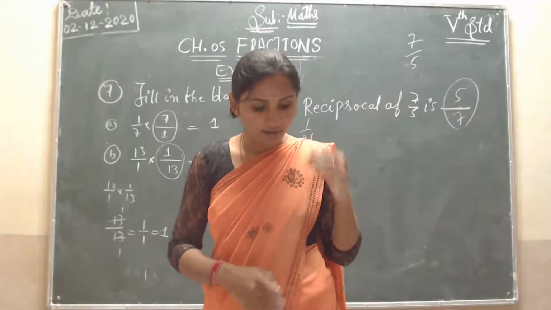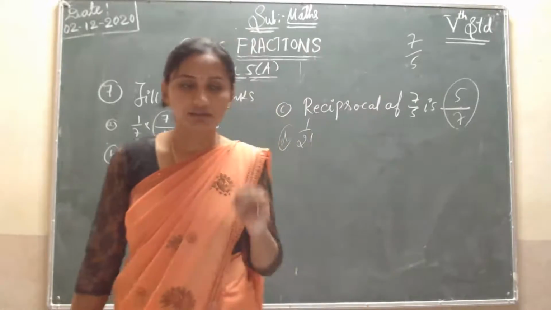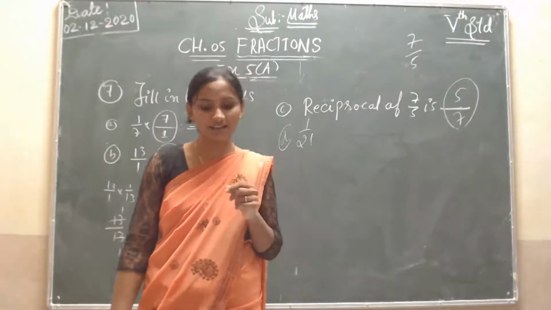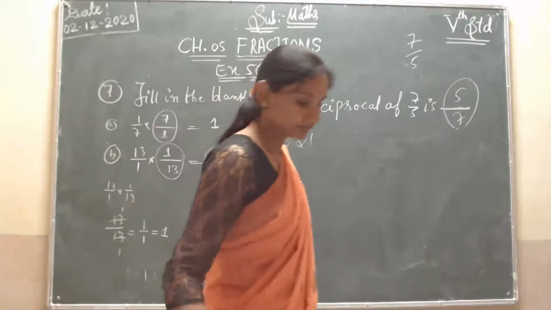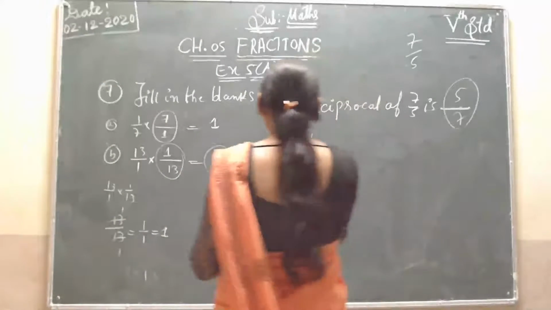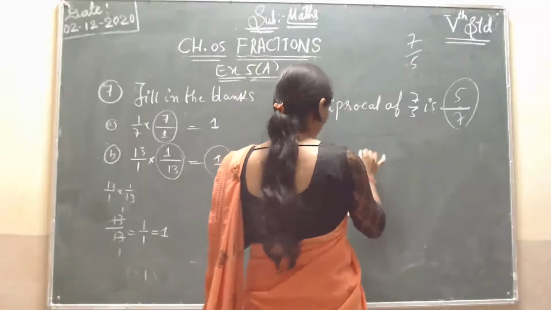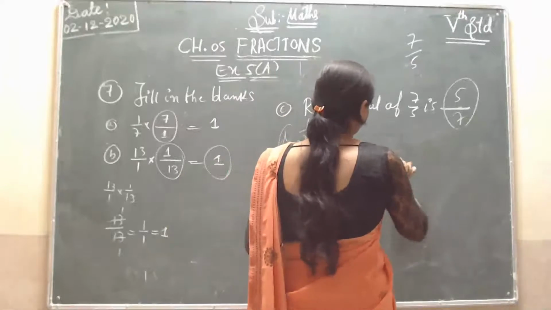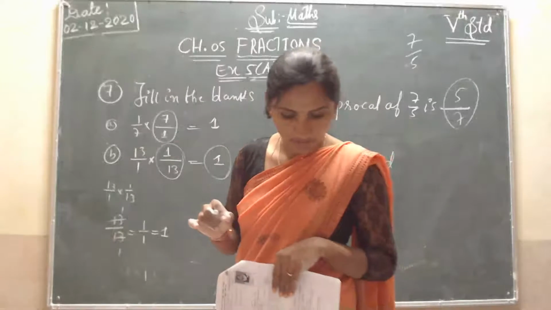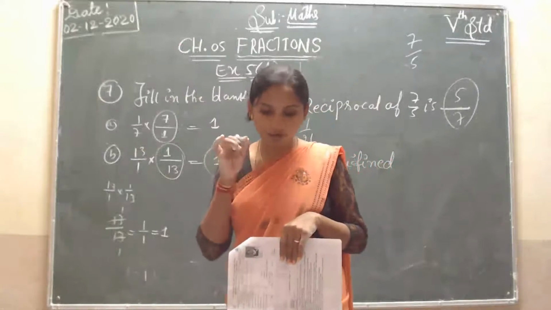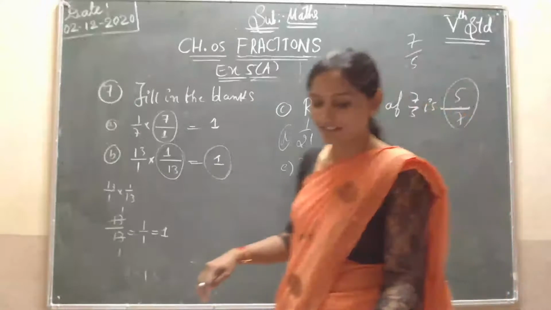Next, the multiplicative inverse of 0. 0 means the result is not defined, so you have to write not defined. The multiplicative inverse of 0 is dash, that is not defined. That is the result. Yes.